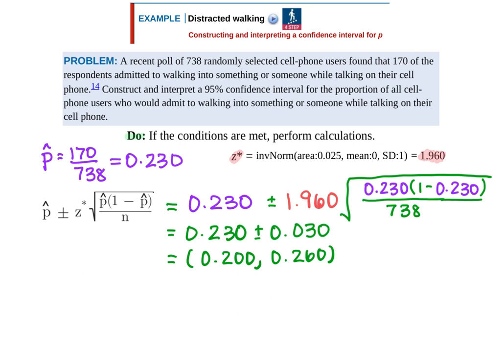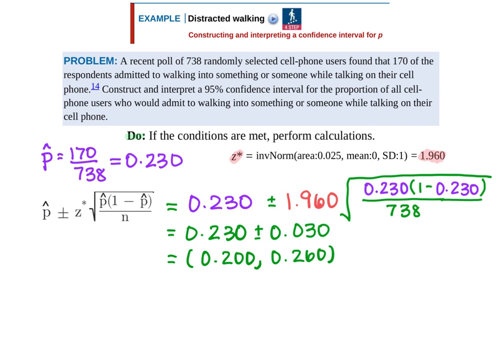And then we do need our z star. And we figured that out because we're using the same confidence interval that we talked about before. So that is 1.960. It's close to 2, which if you think about it, that's 2 standard deviations away from the mean in a normal distribution. So that tracks. And then our n is 738, of course.